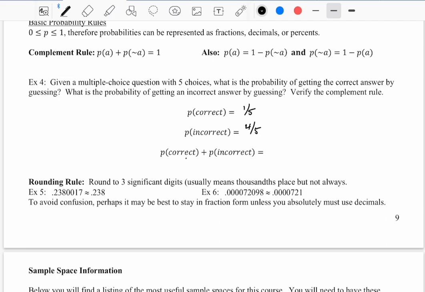If I take the probability of getting a correct answer and add to it the probability of getting an incorrect answer, the sum should account for all possible values, right? Because these two things, correct, incorrect, P, not P, they're two exact opposites, right? So they should add up to equal 1. All right, 1 represents all possible outcomes.